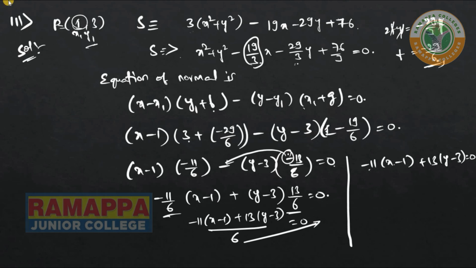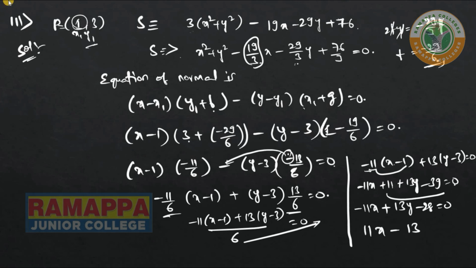If we multiply, minus 11x minus 11 into minus 1 gives plus 11, plus 13y minus 13 times 3 is 39, is equal to 0. So it will become minus 11x plus 13y, 11 minus 39 is equal to how much? Minus 28 is equal to 0. If I take minus common, it will become 11x minus 13y plus 28 is equal to 0. Here is the answer.